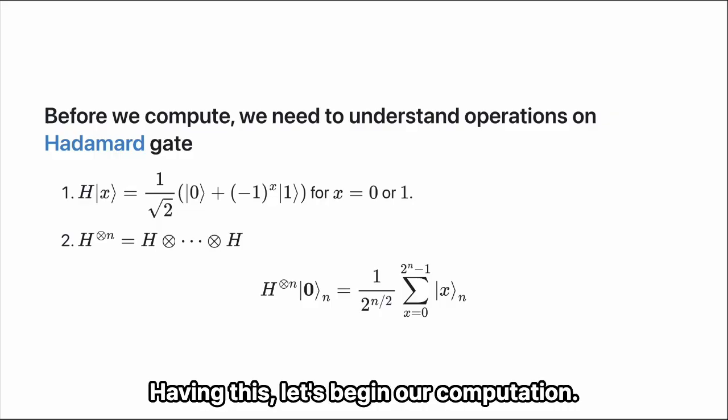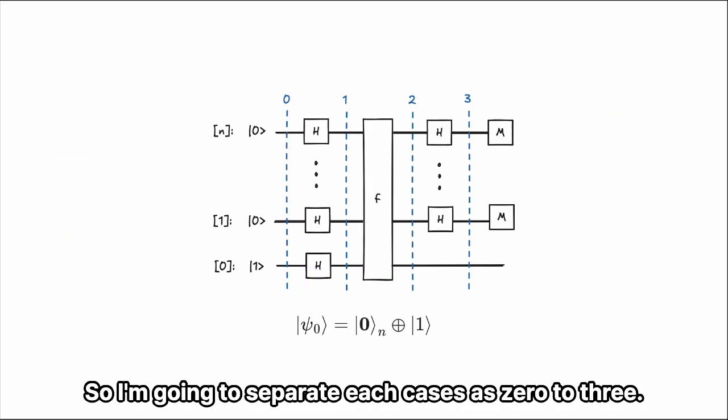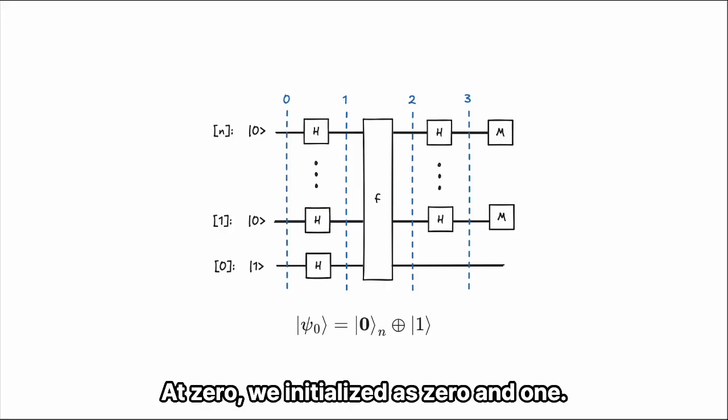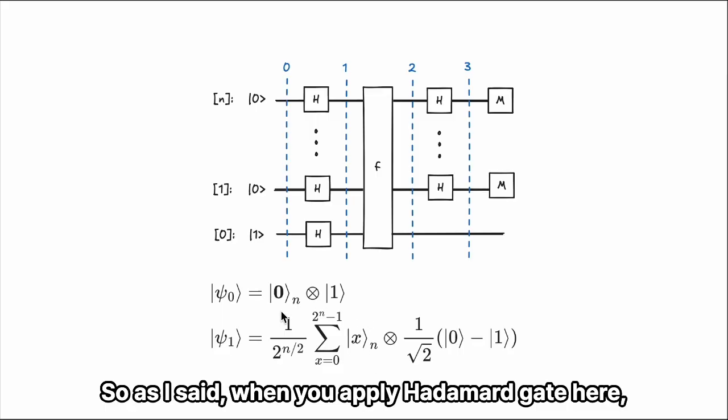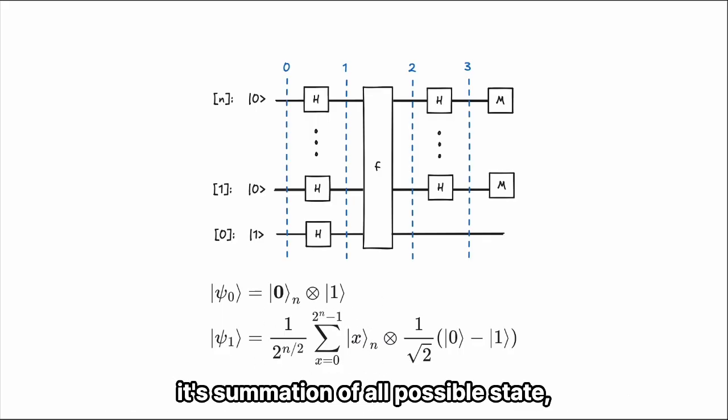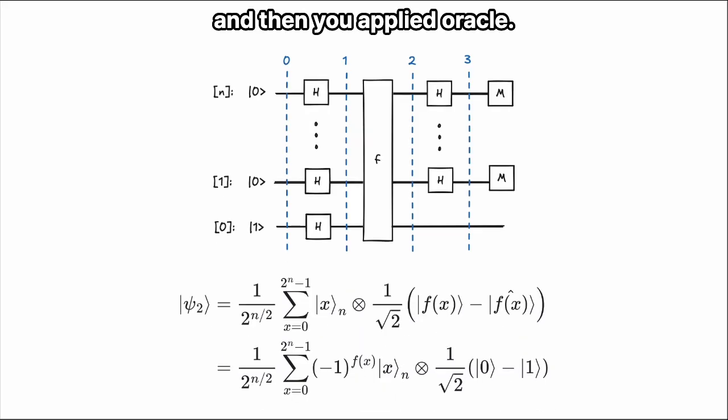Having this, let's begin our computation. I'm going to separate each case as 0 to 3. At 0, we initialize the state as 0 and 1. In the first step, you just apply the Hadamard gate. As I said, when you apply the Hadamard gate here, it's the summation of all possible states. And then you apply the oracle.